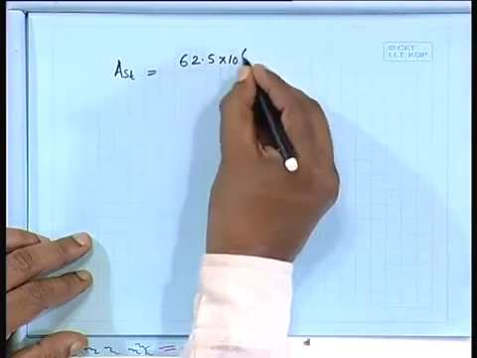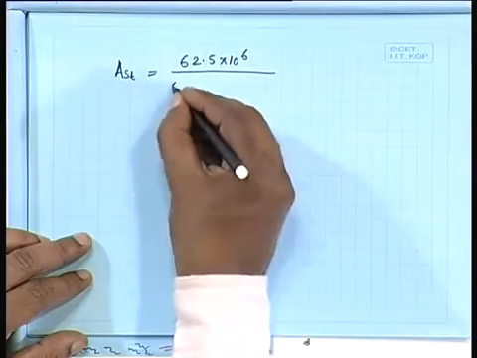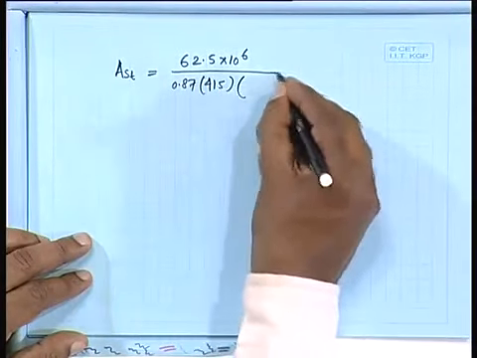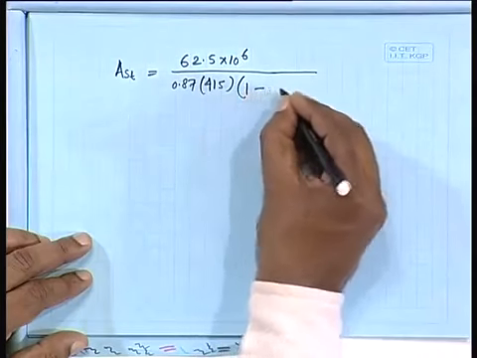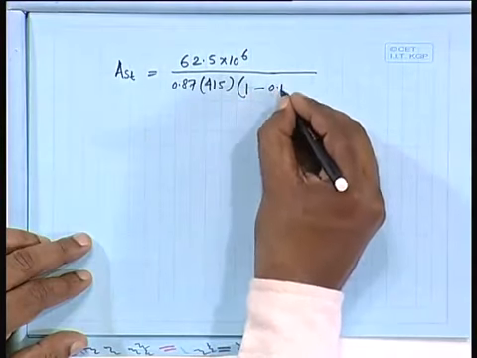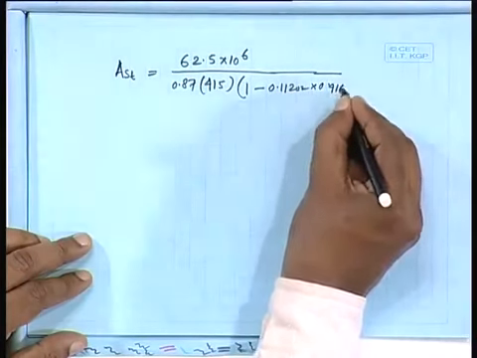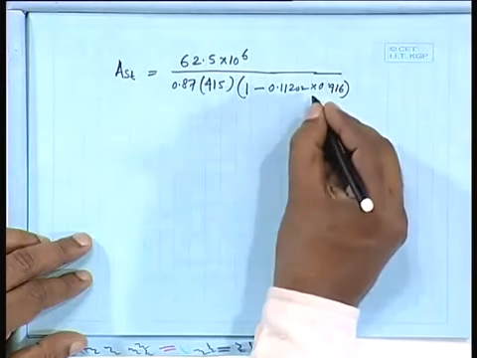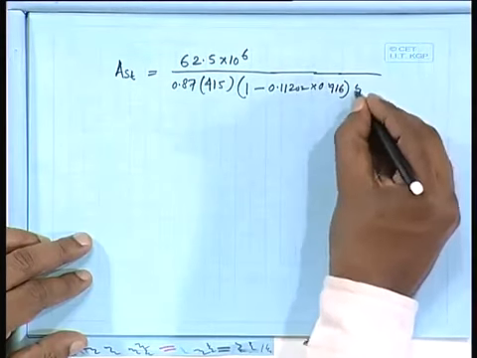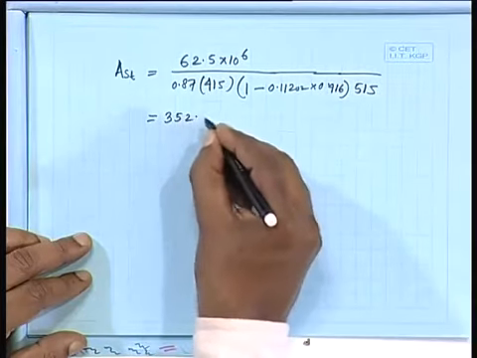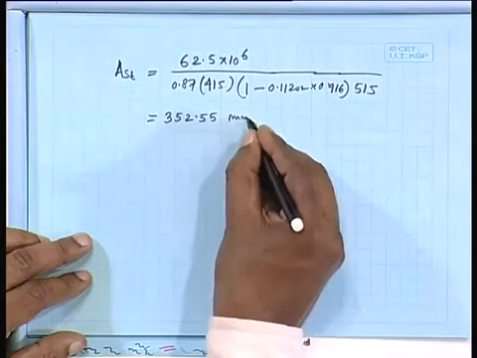So area of steel equals 62.5 into 10 to the power 6 divided by 0.87 fy, that is 415, and the lever arm, which is equal to 1 minus 0.416 x by d, times 515, and it comes as 352.55 square millimeter.